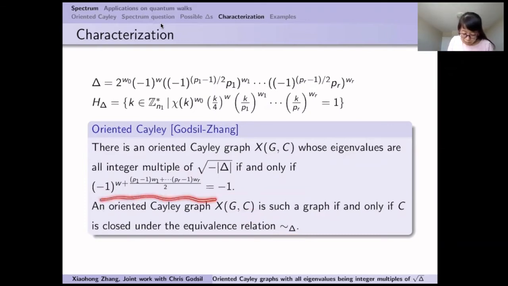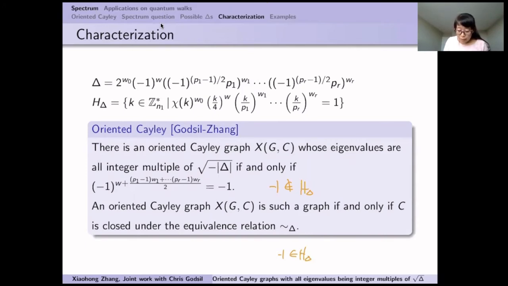This condition is in fact equivalent to the fact that -1 is not in this subgroup H delta. And it's also equivalent to this delta being evaluated negative. So what if -1 is in H delta?